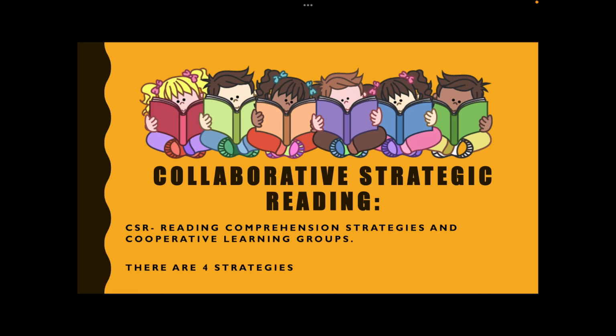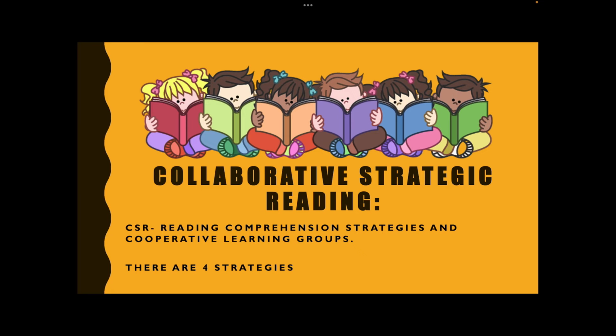All right, now we're going to talk about collaborative strategic reading, otherwise known as CSR. CSR is about reading comprehension strategies and cooperative learning groups. At the bottom it says there are 4 strategies, so it gives you 4 comprehension strategies to help you better understand what you're reading.